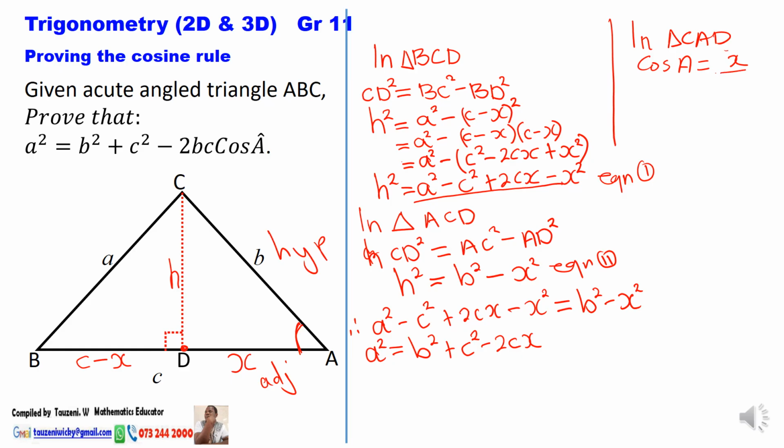So the cos of A is equal to x over b. Then you cross multiply to make x the subject. X is equal to b times cos A.